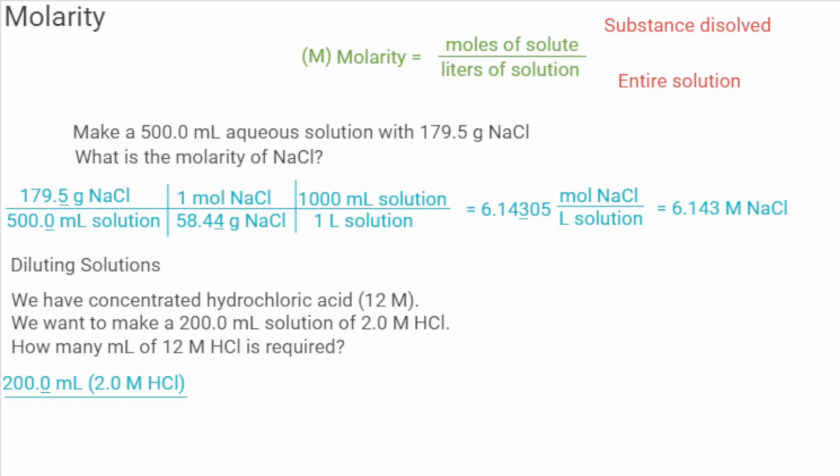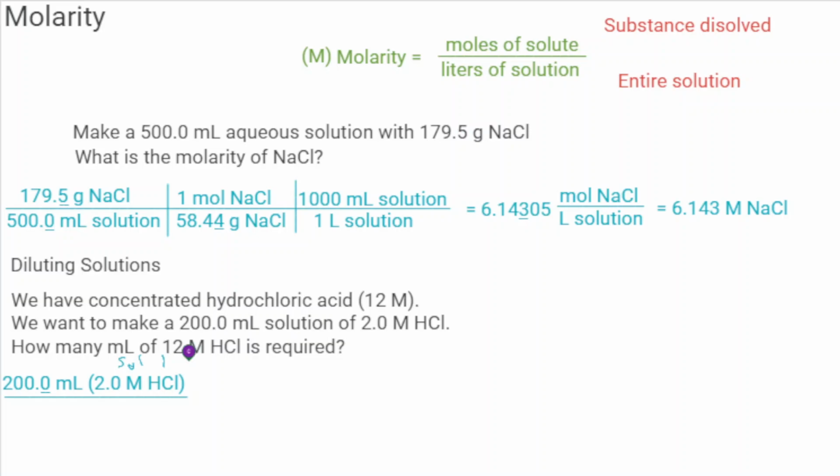Now for this 2.0 molar hydrochloric acid, I put this in parentheses because this is just a label. What some people like to do is they like to write it out as a solution 1 or solution A. You can label it whatever you like. I normally like to do concentrations and what the substance is.